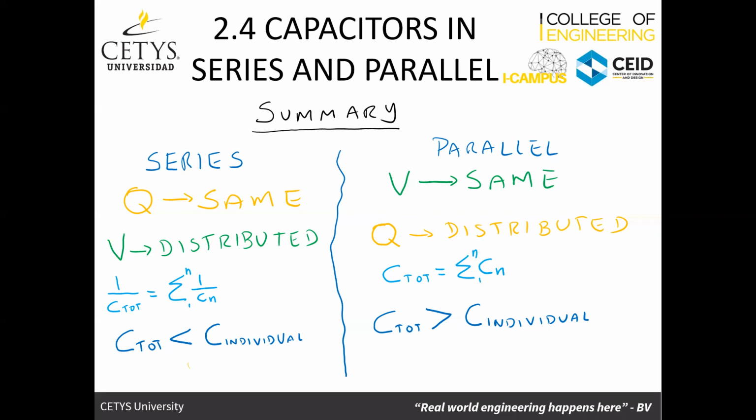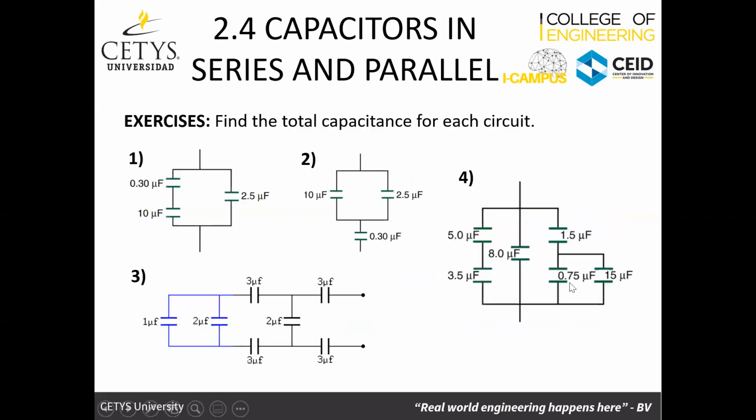And we saw a couple of examples just with series, and we saw another one just with parallel. What we're going to be doing now is seeing some examples that combine both series and parallel connections. Okay. We're going to be doing 4 exercises. Or we're going to be doing 6 exercises.